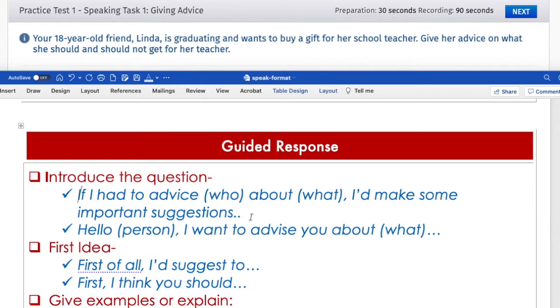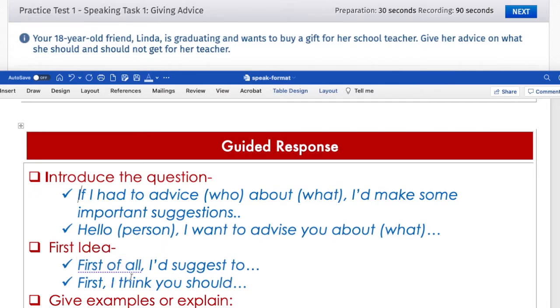Or you can also imagine you're talking to Linda, and you could say, "Hello Linda, I want to advise you about what you should and shouldn't get for your teacher." Okay, either one is good. Then we should give the first idea.